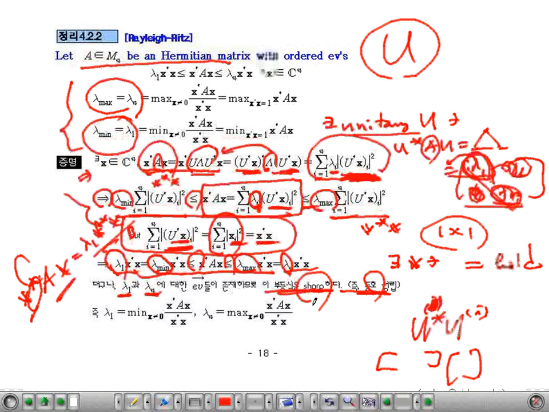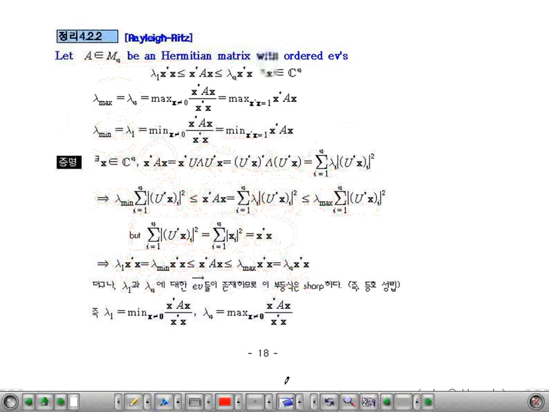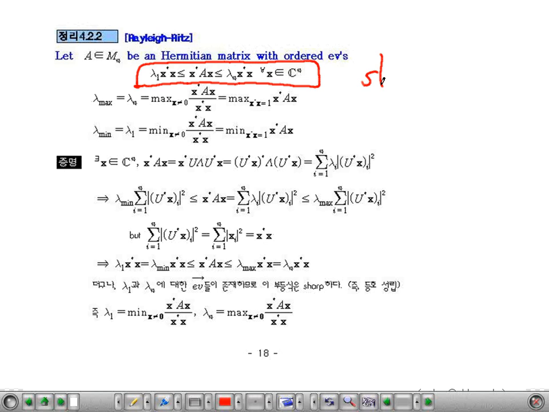There is no better inequality than this. That's the best inequality that you can get from here.